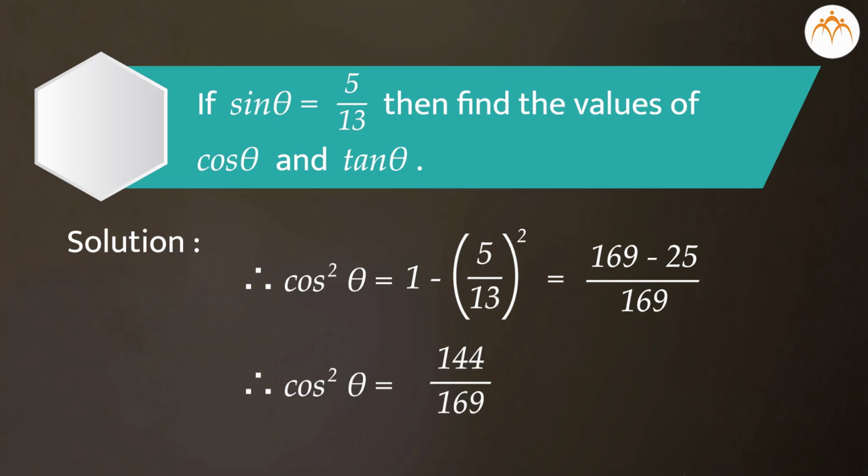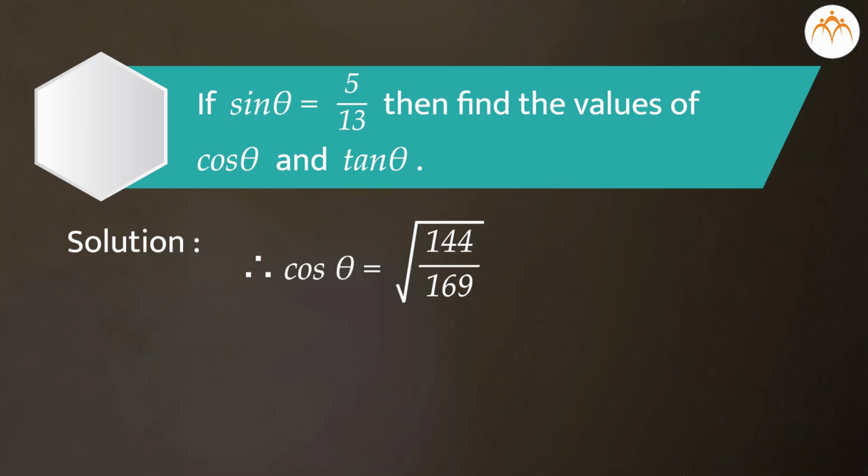Therefore, cos square theta is equal to 144 upon 169. Therefore, cos theta is equal to square root of 144 upon 169. Therefore, cos theta is equal to 12 upon 13.